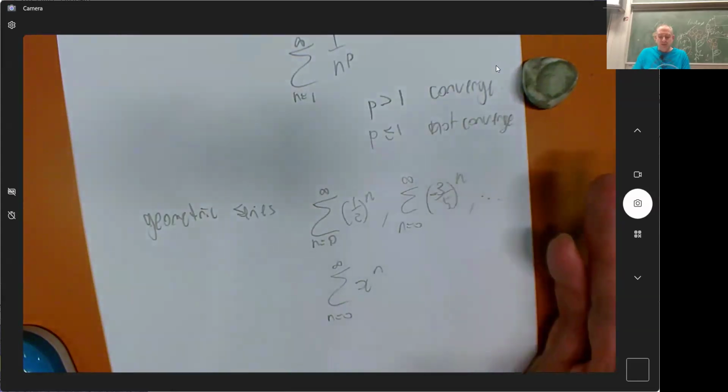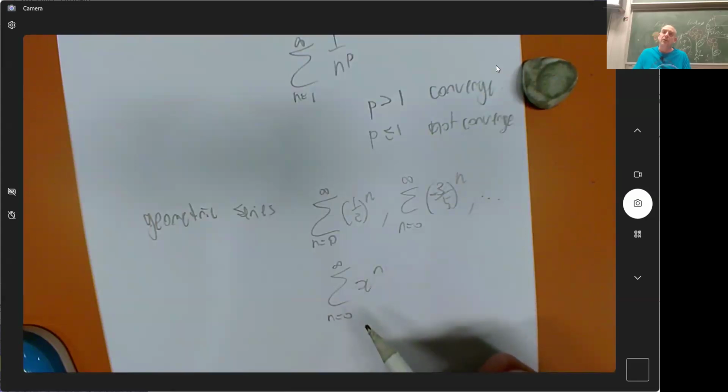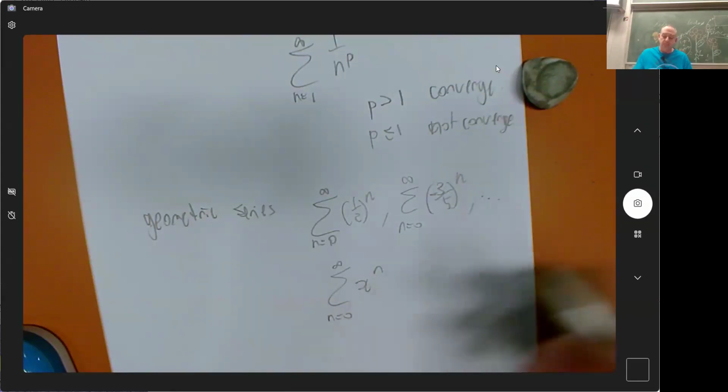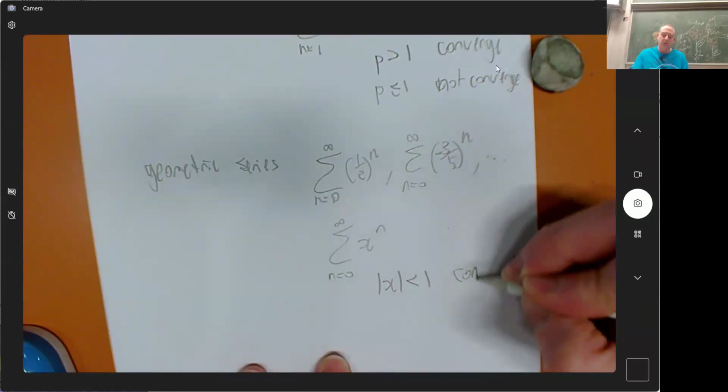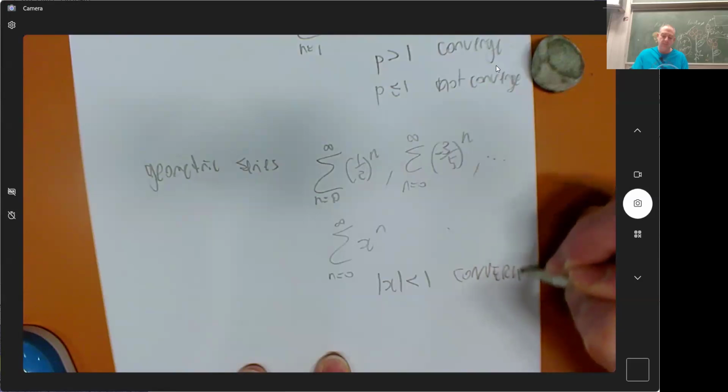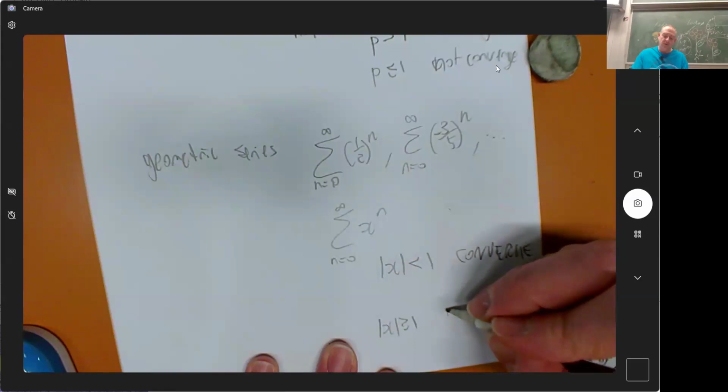Basically what happens is that if this number is less than 1, then it'll converge. In fact, if the absolute value is less than 1, then it will converge. And if this is greater than or equal to 1, then it does not converge.